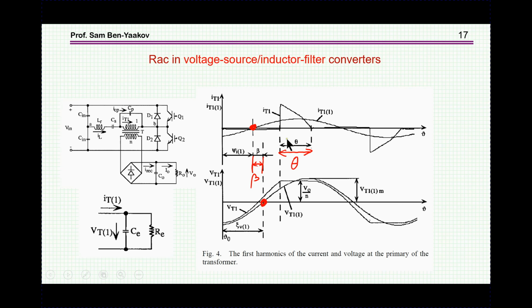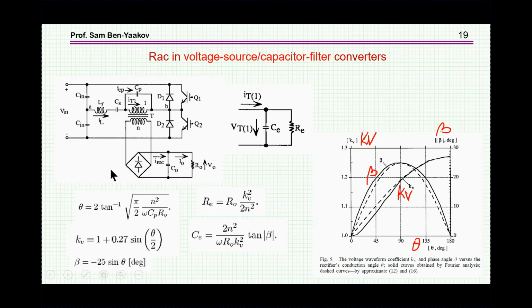One is theta, the conduction angle of the current, and then we have beta, the phase shift between the first harmonic of the current and the first harmonic of the voltage. The end results of this lengthy analysis are summarized here.